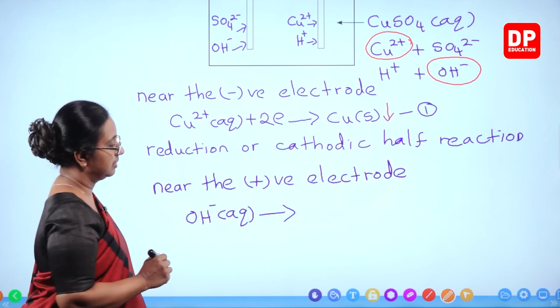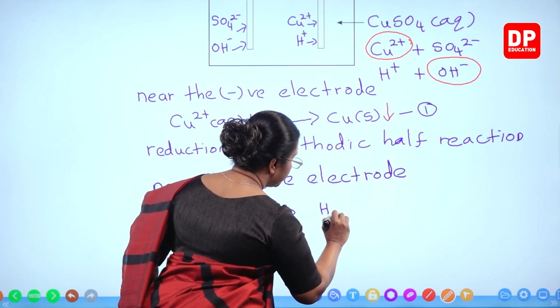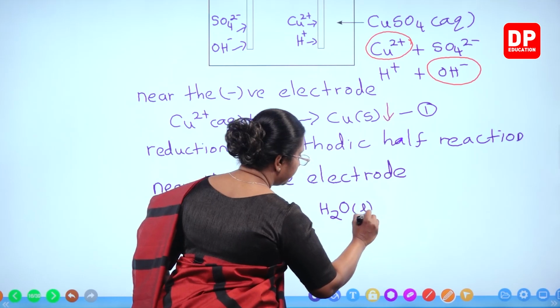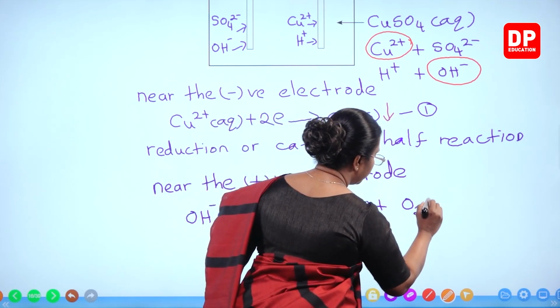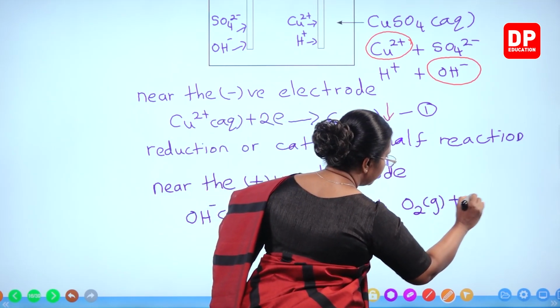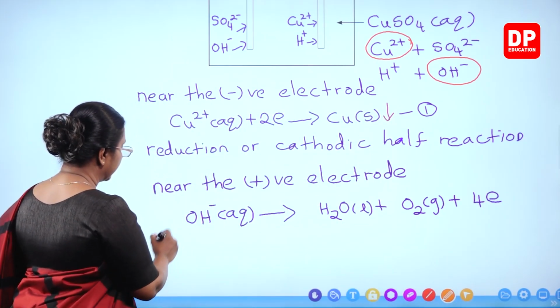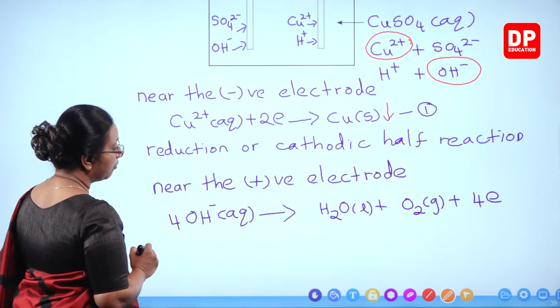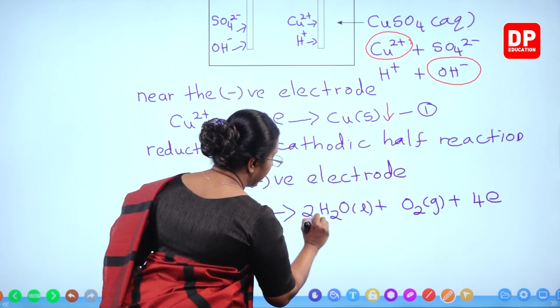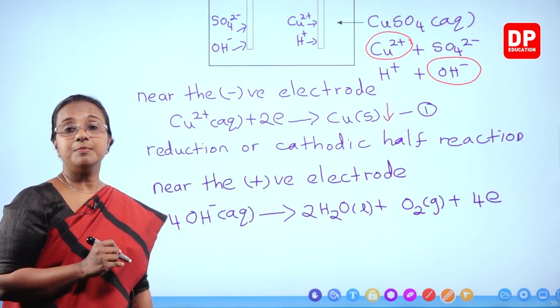OH minus becomes H2O liquid plus O2 gas by losing 4 electrons. In order to get that, we need to have 4 OH minus ions and 2 water molecules will be produced.